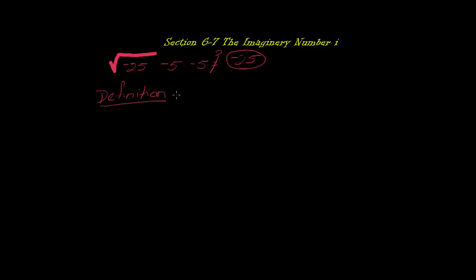The definition is that when we have the square root of a negative number, let's make it easy, that is equal to imaginary i, such that when we take i and square it, it equals negative 1.